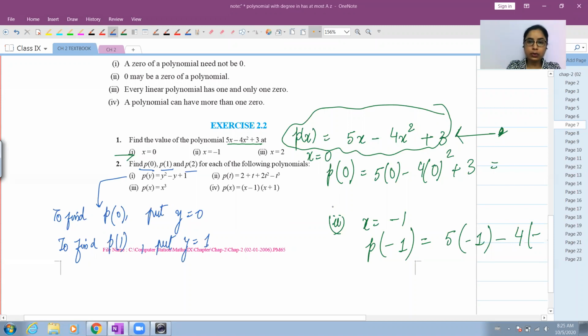Question number 1, the way you had solved it, exactly like that. This is only the representation they have given here. And similarly, each part will have further 3 parts to be evaluated. In every part you have to find out P(0), P(1), P(2). So once you will replace the variable with 0, once with 1 and once with 2. So you are going to have 3 answers for each of these parts.